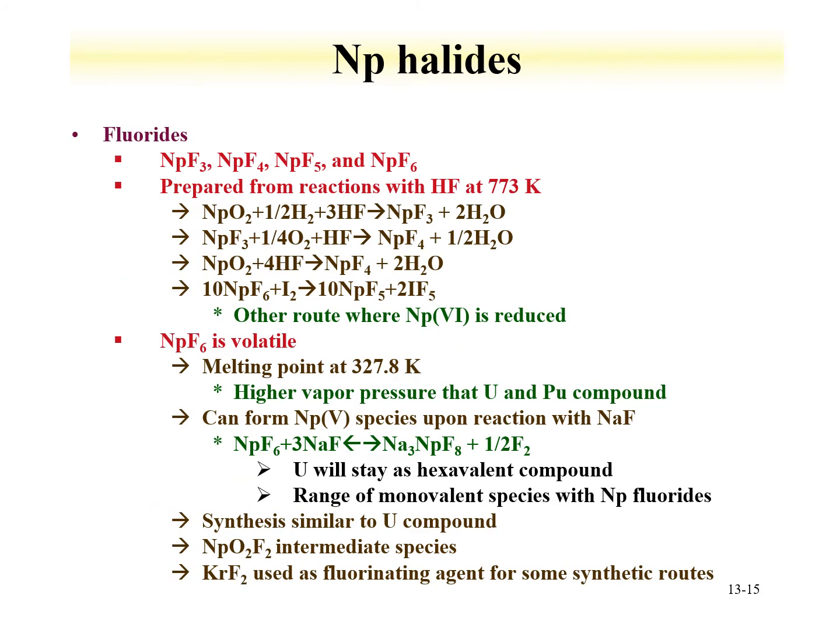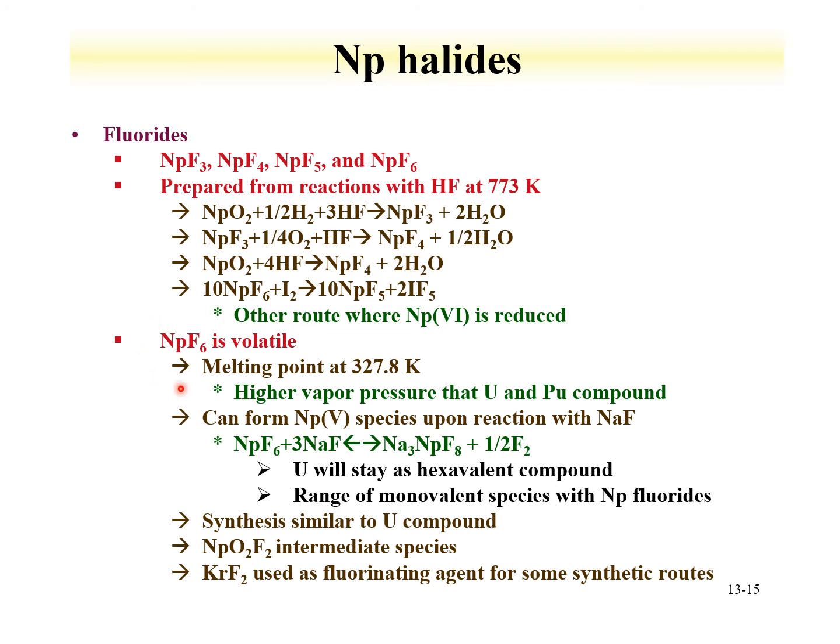The halides are also important species. You can make neptunium halides of the 3, 4, 5, and 6 oxidation state. These can be prepared from reactions with HF, as shown here, either starting with the dioxide, taking the tetrafluoride and adding another fluoride to it, or taking the dioxide and reacting it with the fluoride directly to make the tetrafluoride.